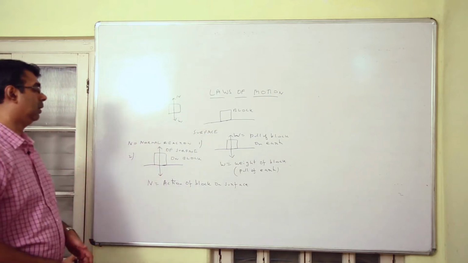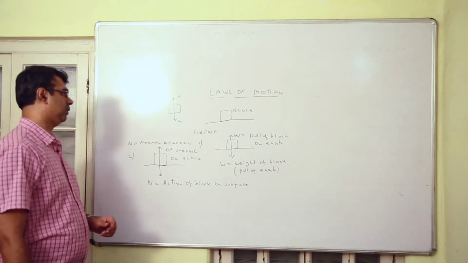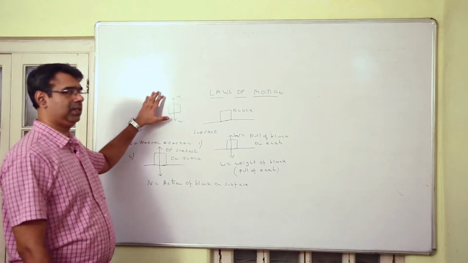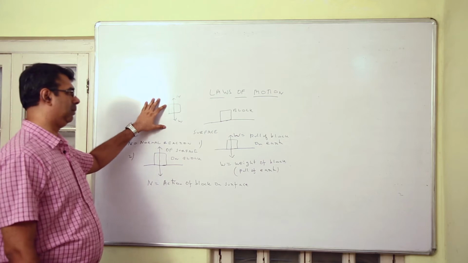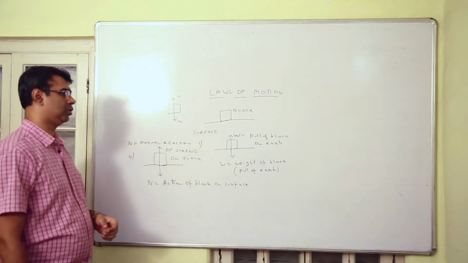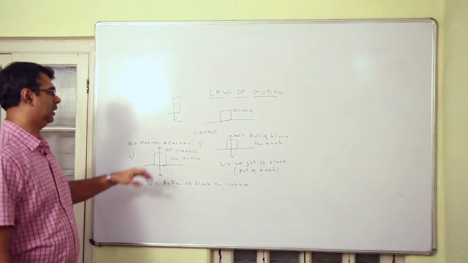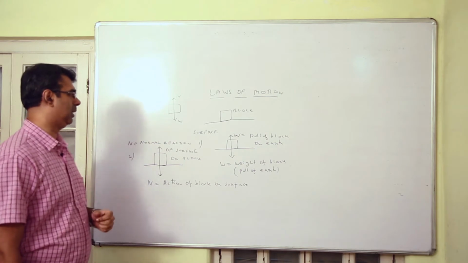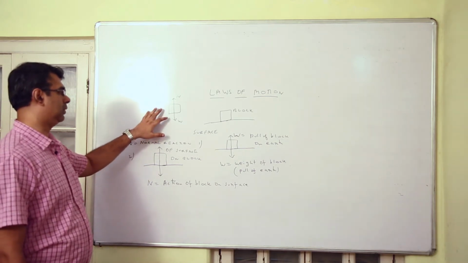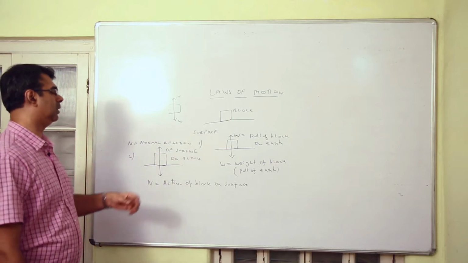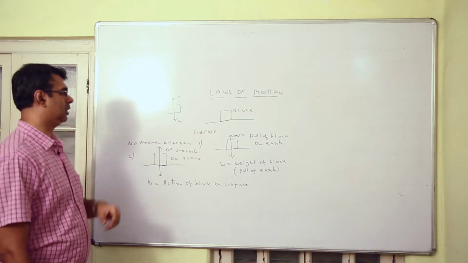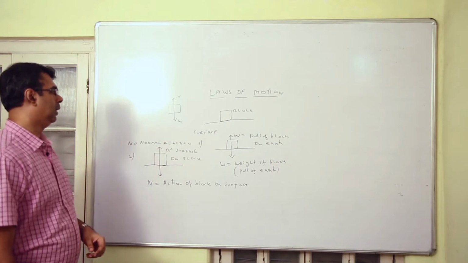That is wrong for two reasons. First of all, if W is action and N is reaction, then how can they both act on the same body? Because you have learned in laws of motion in class 9 and 10 that action and reaction never act on the same body. So if W and N are action and reaction, it is fundamentally incorrect because they both would be acting on the same body, which is this block.